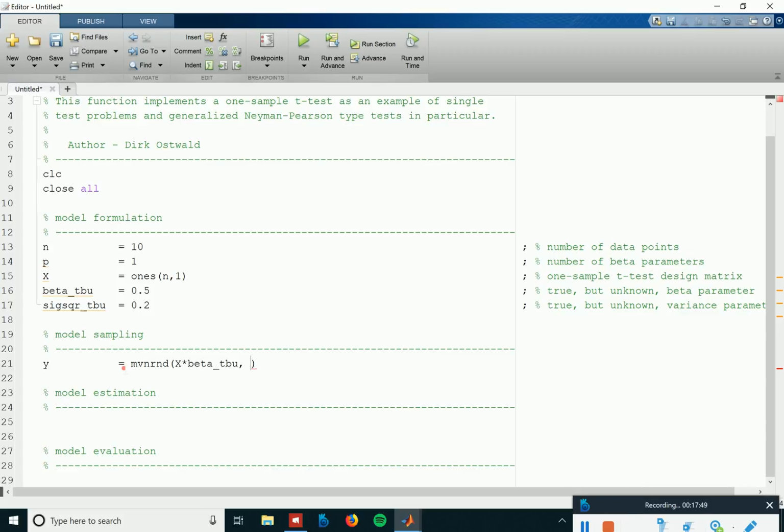And what does this covariance matrix look like for the GLM with independent samples? It's the identity matrix multiplied with, well, the one that is specified. Yep.